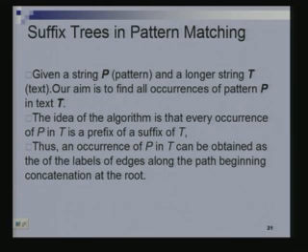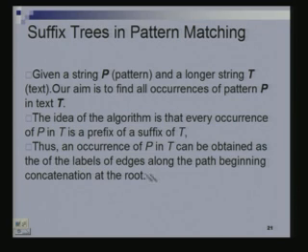Okay, so this is the key idea that we are exploiting in pattern matching. Given a pattern P and a text T, our aim is to find all occurrences of pattern P in the text. The idea of the algorithm is that every occurrence of P in T is a prefix of a suffix of T. If your pattern P occurs in the text, then there is some suffix of that text of which P is a prefix.